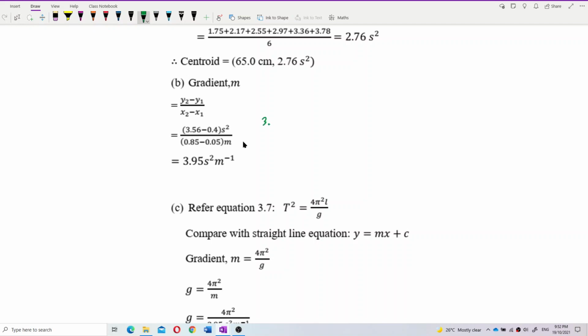You must actually write like this: 3.56 minus 0.40. If here is 2 decimal points, here also must be 2 decimal points. Below also.